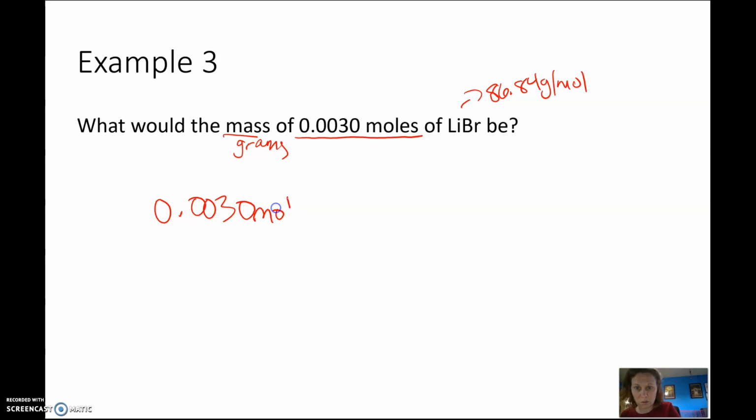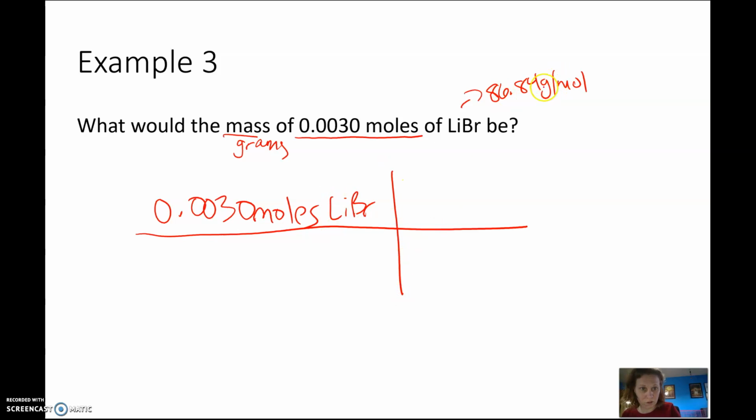Now this is our starting number: 0.0030 moles LiBr. Now here's the conversion. You know how I used to ask which goes where? Well, moles is here, so the 1 mole goes in the bottom and the grams goes in the top: 86.84 grams LiBr.